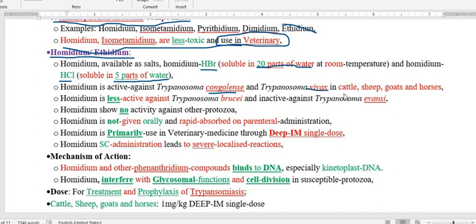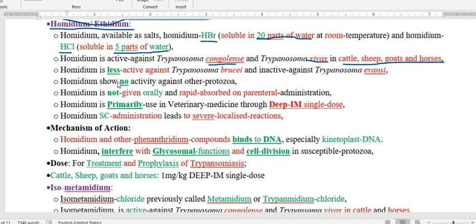volume. Homidium shows activity against different species of Trypanosoma: Trypanosoma congolense, Trypanosoma vivax, and others, in cattle, sheep, goats, and horses.